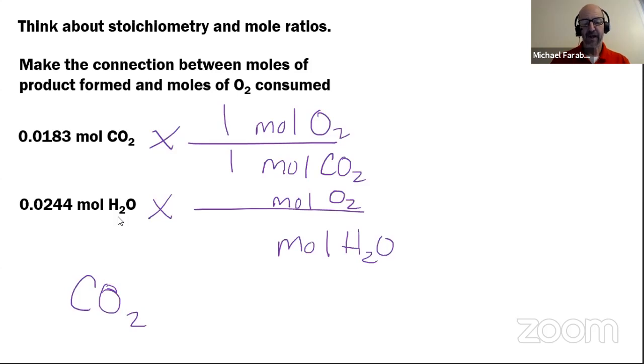In a separate way, I can focus on the H2O, but there is only 1 atom of oxygen in water. So for every 1 mole of oxygen gas that would be consumed, I would actually produce 2 moles of water. So I'm doing these separately just based on the subscripts in the chemical formulas. So I can do that.